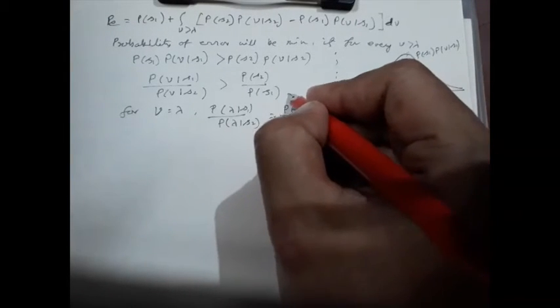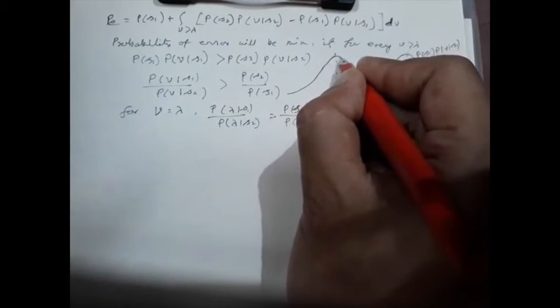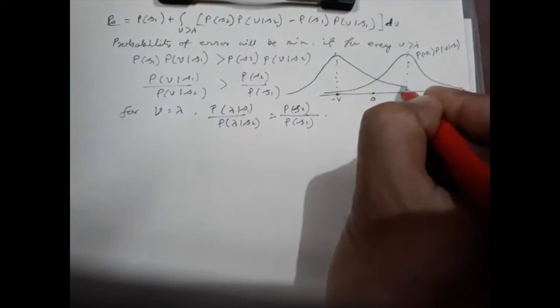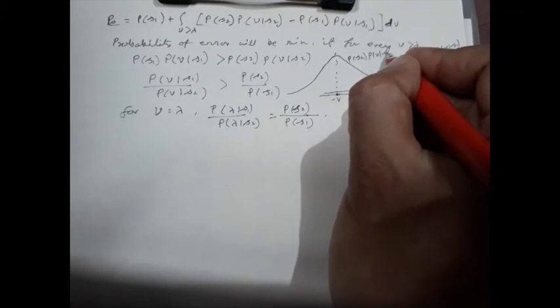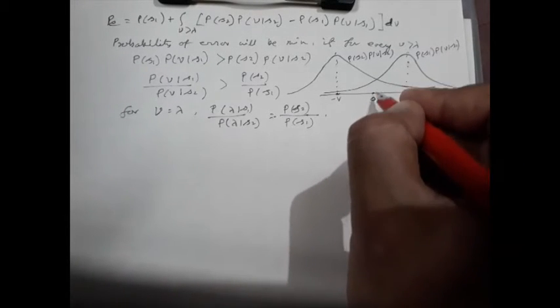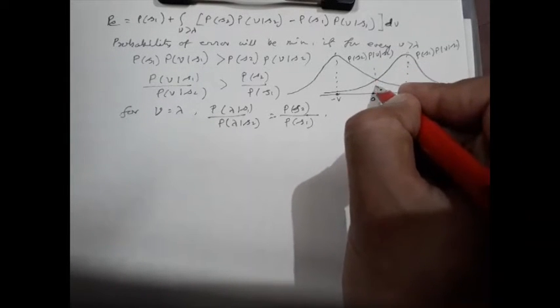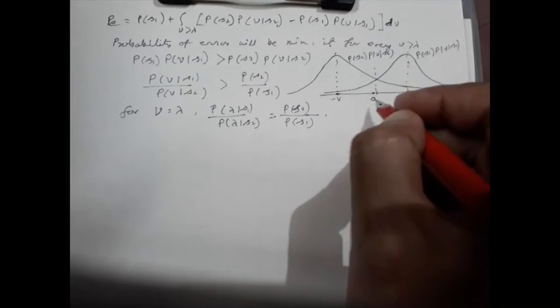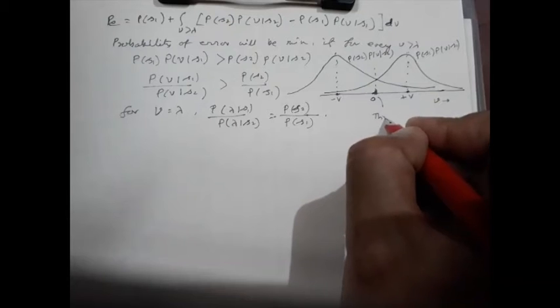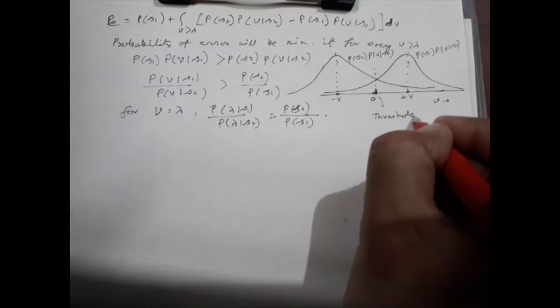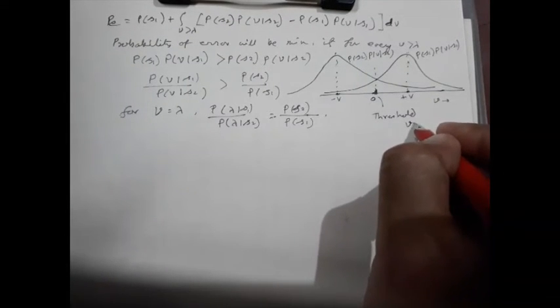Similarly, the likelihood of S2 will have an identical curve, P(S2) P(V|S2). We set the threshold somewhere here. That means V equal to lambda.